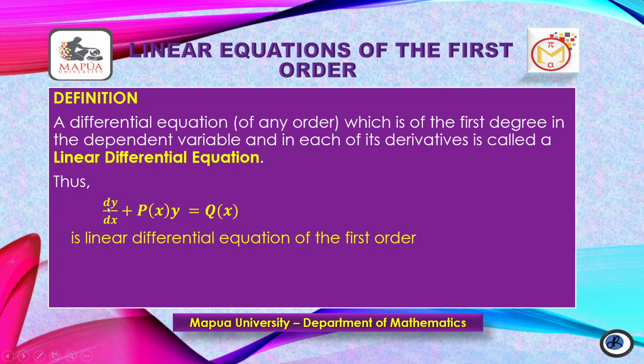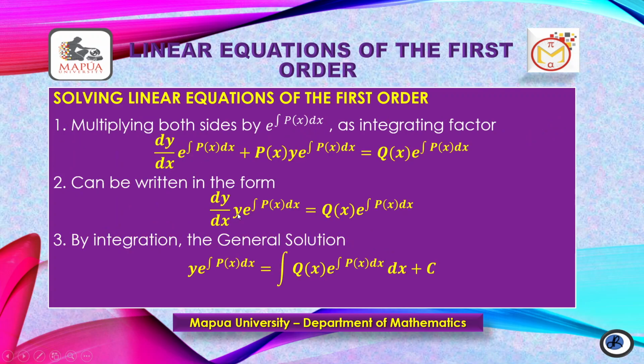We have the derivative of y with respect to x plus p of x times y, and this is equal to q of x. For this, we have a solution: we multiply both sides by e raised to the integral of p(x) dx, which is our integrating factor.